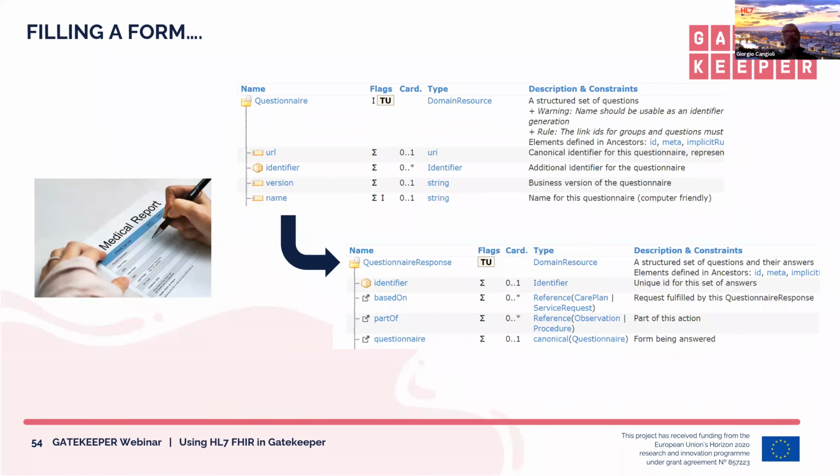Then for each questionnaire that is answered, you can have an instance of a questionnaire response that can be used to generate other specific resources that concur to the definition of the information for that patient. So you can record the questionnaire response and then use that for filling in the information about that subject.